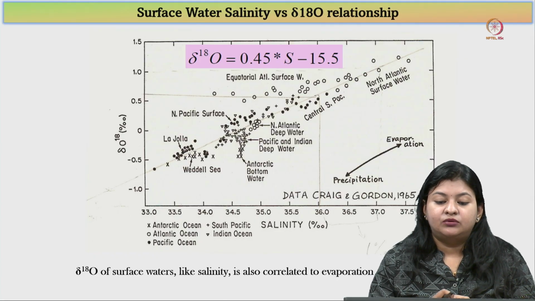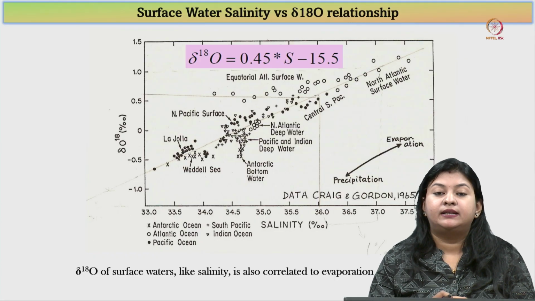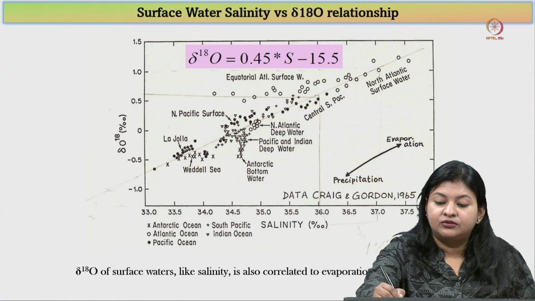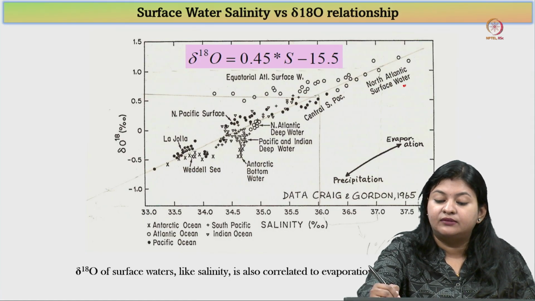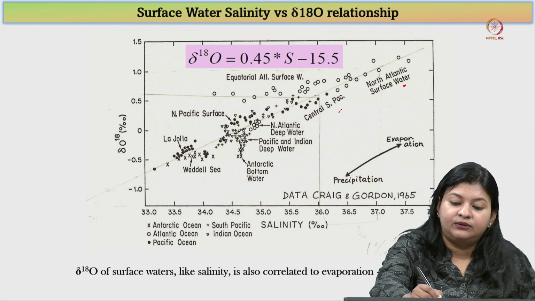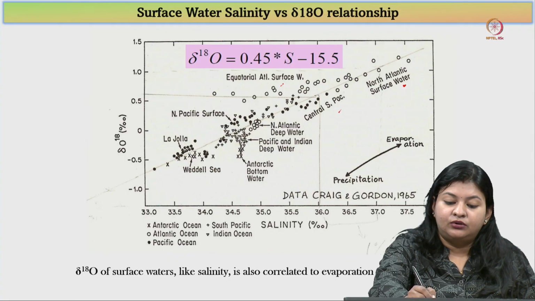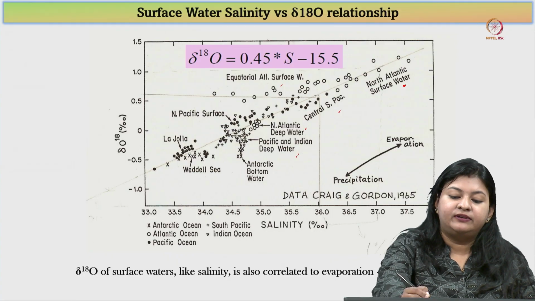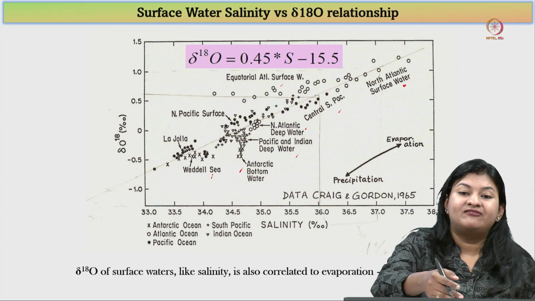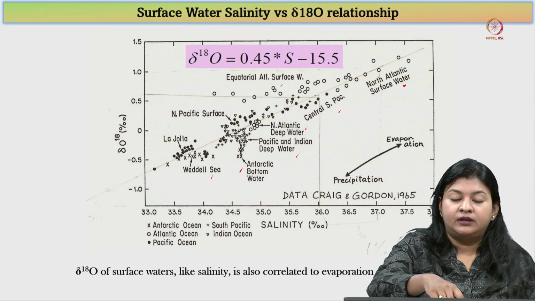Okay. So, this is a plot that can show you the variety of ocean masses. Here we have the North Atlantic surface water, the Central South Pacific, the Equatorial Atlantic, the North Atlantic deep water, Pacific and Indian deep water, Antarctic bottom water, and the Weddell Sea. Weddell Sea is something near the Antarctic.